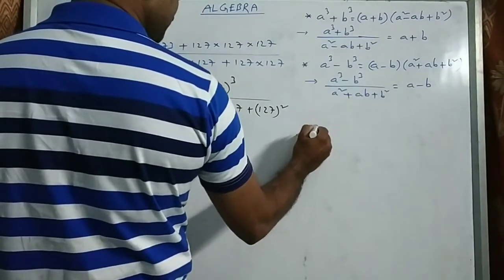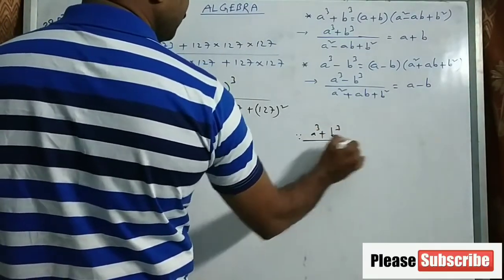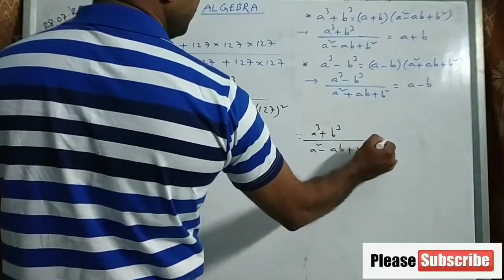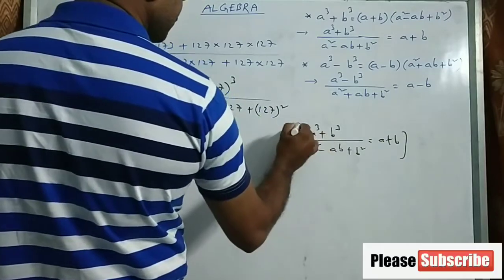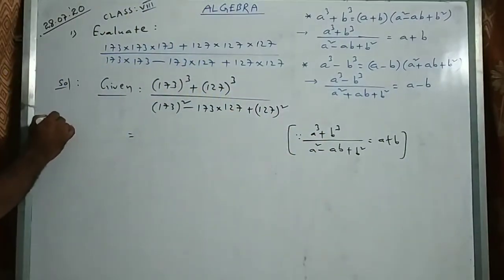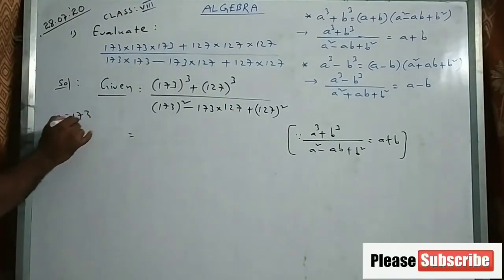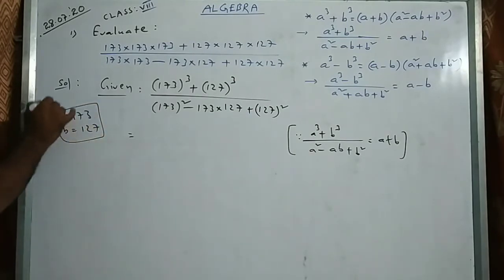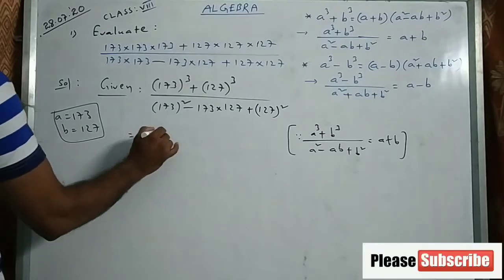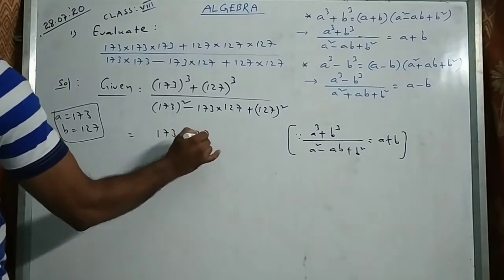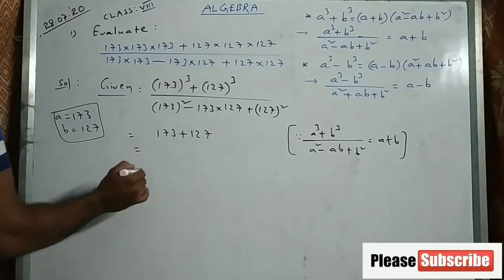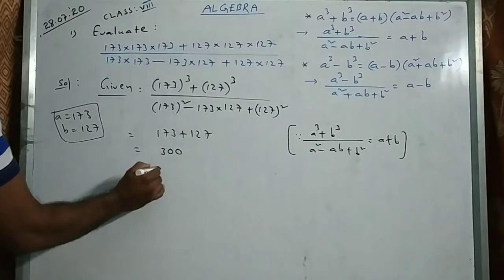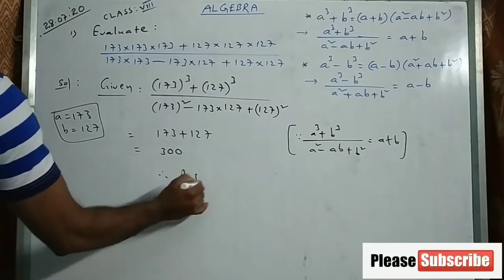What is the first formula? a cube plus b cube upon a square minus ab plus b square can be a plus b. That form only, no? So where a value 173, b value 127. So the formula is a plus b, so 173 plus 127. How much? 300. Therefore answer is 300.